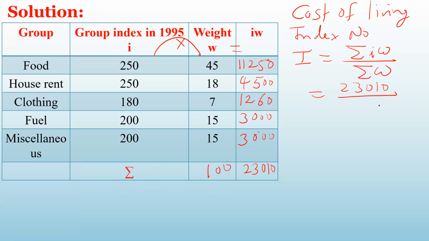So summation of IW divided by summation of W gives you 230.10. Okay. So the cost of living index number is 230.10. So this problem was even easier because you were already given the index. You have not calculated it, it's already given to you. So the cost of living index number for the year 1995 is coming as 230.10.